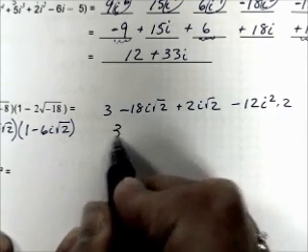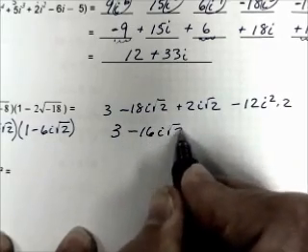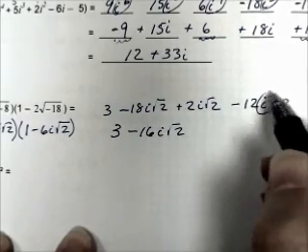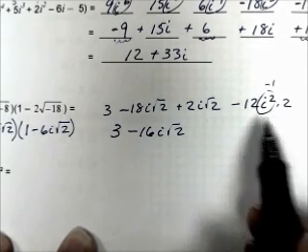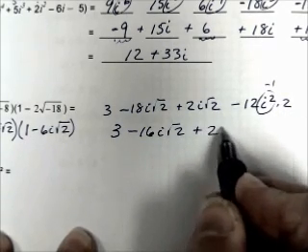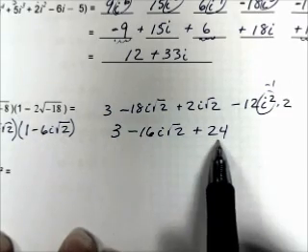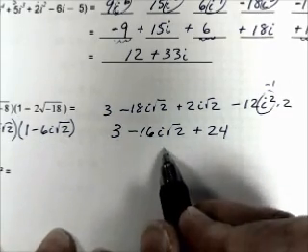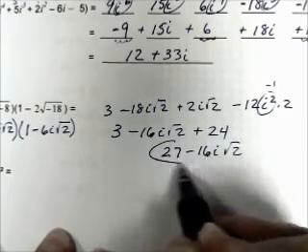So we have 3. These are like terms, minus 16i square root of 2, and i squared is equivalent to negative 1. So the double negative would be plus 12 times 2 is 24, plus 24. And finally, let's combine. 3 and 24 is 27. So this would be 27 minus 16i square root of 2.